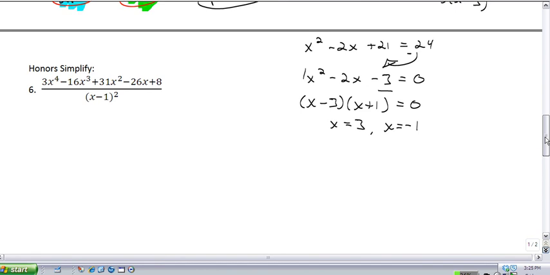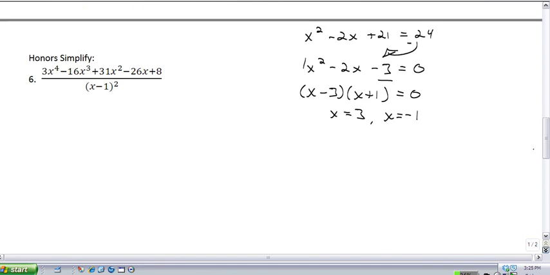Okay, 6, simplify. Oh, you've got a quartic up top. You're going to want to factor that. We don't have a super slick method for factoring quartics. The only way this guy is going to simplify is if there's an x minus 1 factor in the numerator. Well, how would I determine, I'm going to cross out the squared here and I'll just list x minus 1 twice.